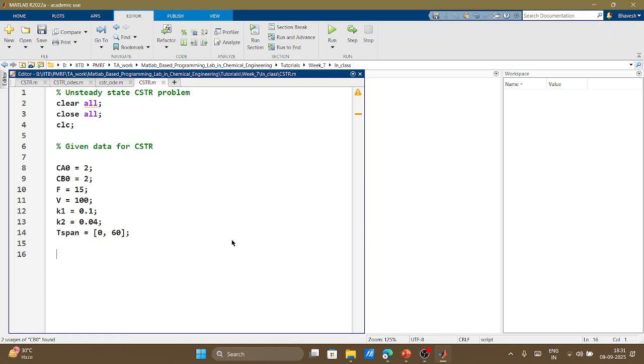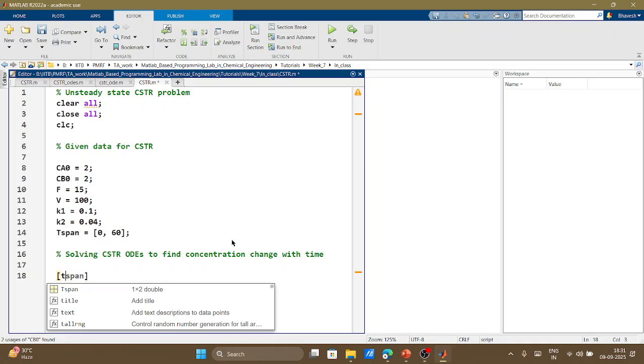Now solving the CSTR ODEs to find the concentration change with time, okay.